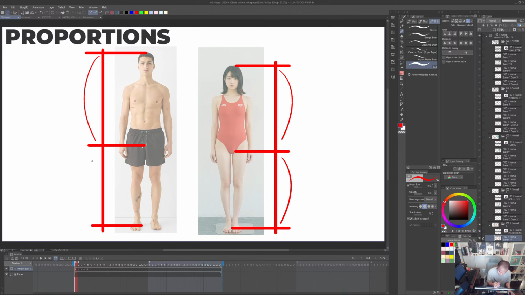Generally this is equal, right? Over here, obviously I'm eyeballing where the crotch area is, and this may be a little bit less, but that is the midpoint of the body.